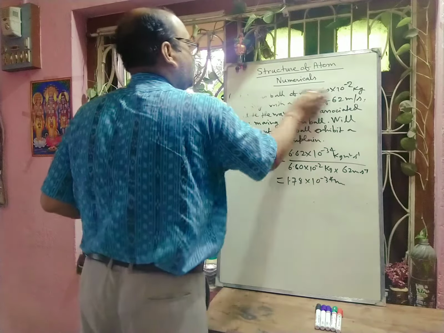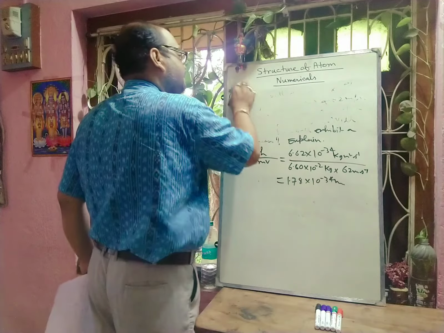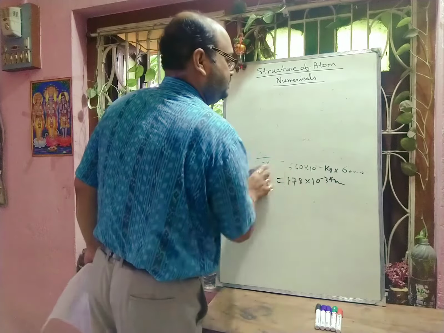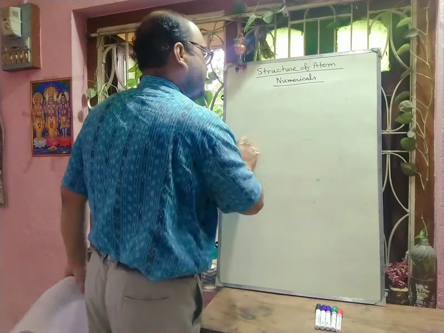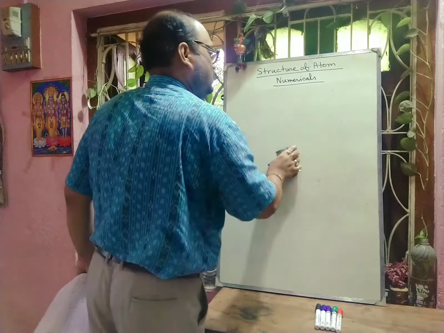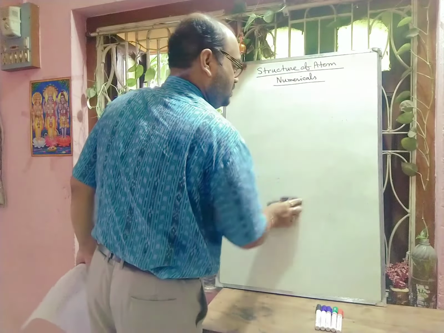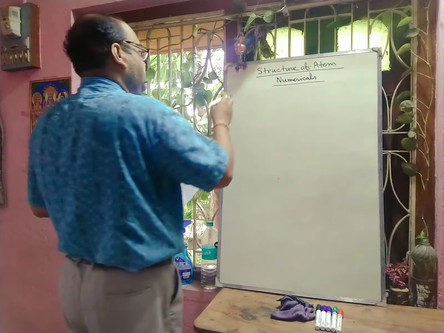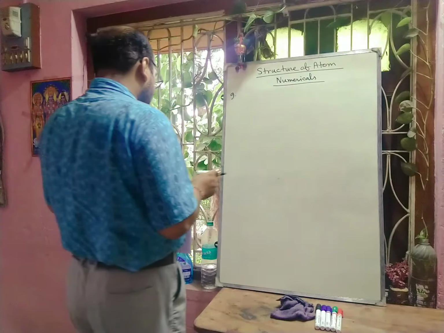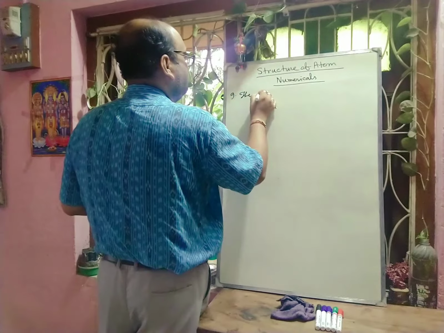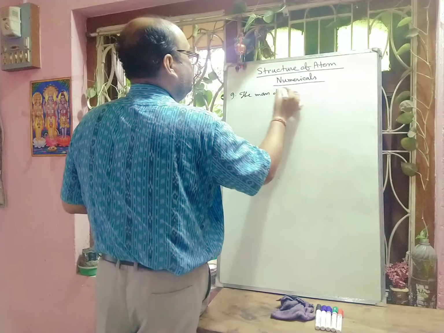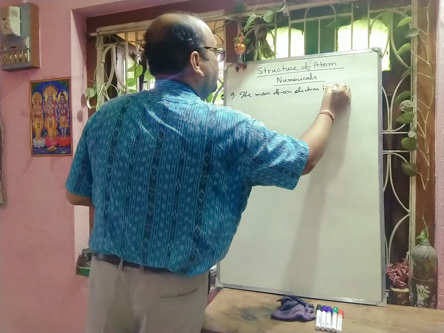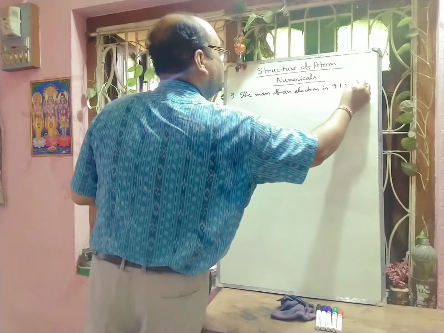Next we'll discuss another problem. Problem number 9. The mass of an electron is 9.1 into 10 to the power minus 31 kg.